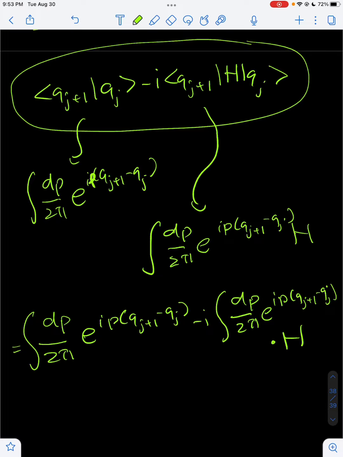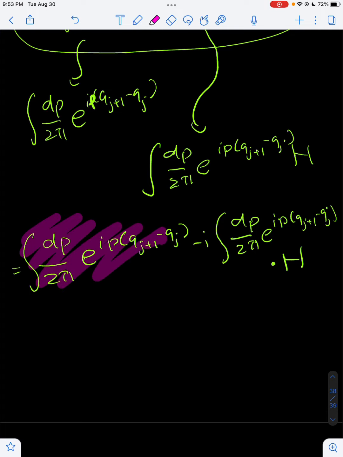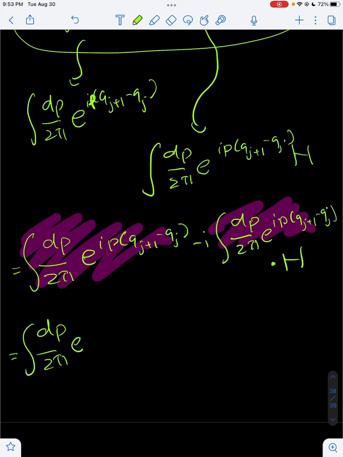So now we can just factor out the common exponential integral part to get this. It is just the integral dp over 2 pi e to the i p (qj plus 1 minus qj) times (1 minus ih).